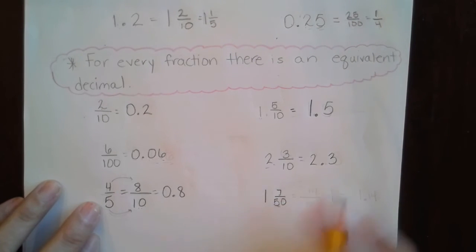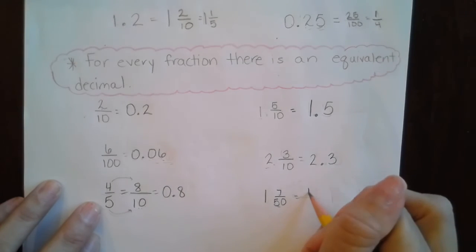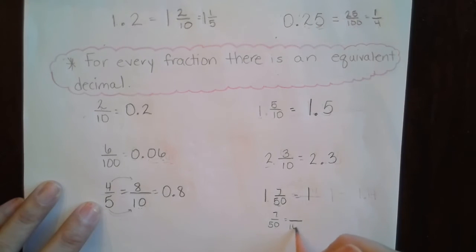1 and 7/50. Well, the 1 part's easy. That's my whole. And now the 7/50. Let's think about it. 7/50. I can't turn that to tenths because I'd have to divide by 5 down here, and I can't divide the 7 by 5. It's not divisible. So I can turn it into hundredths. I go from 50 to 100 by timesing it by 2.